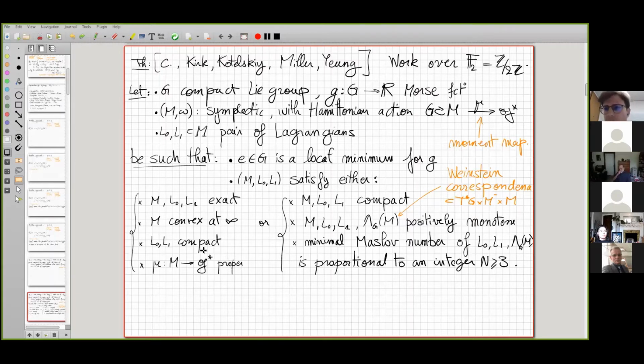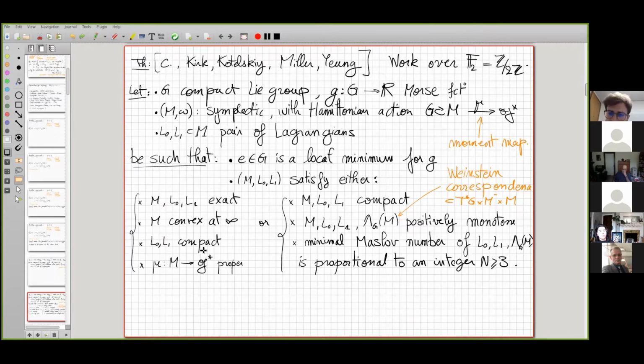Another set of assumptions that you can make is monotonicity. So we want everything compact, everything to be positively monotone. And I'll tell you later what this vanishing correspondence is. These are technical assumptions that make Floer homology well defined essentially, and we'll see how it appears.